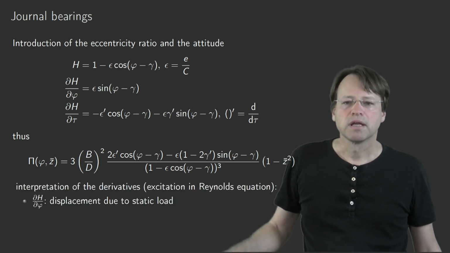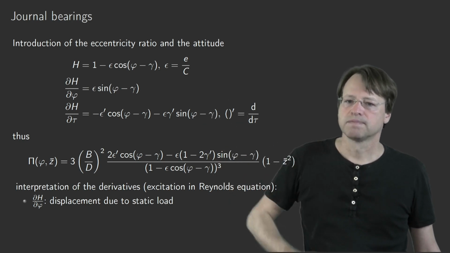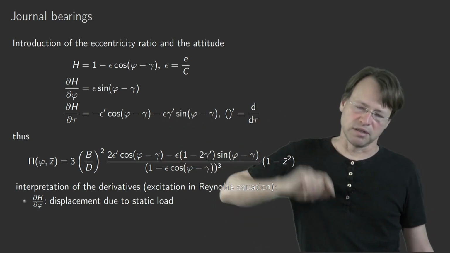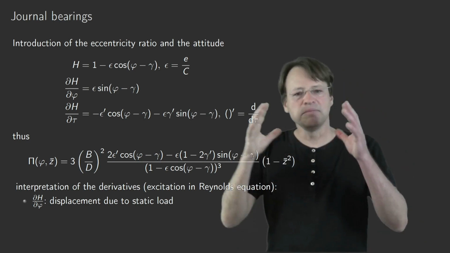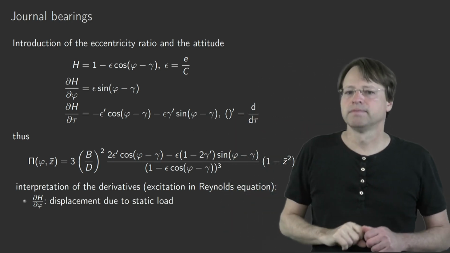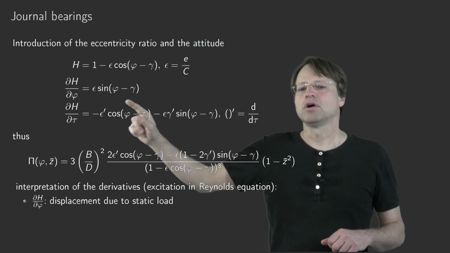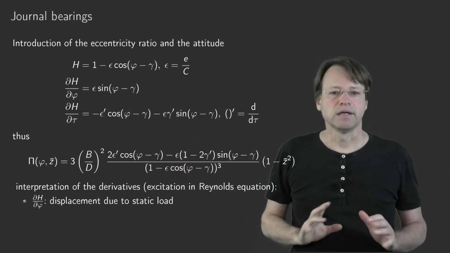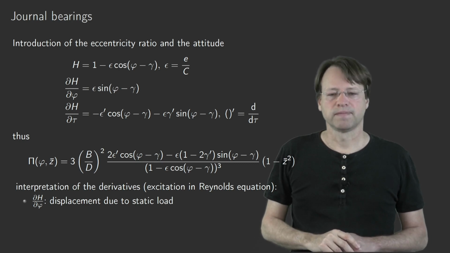Because everything else includes time derivatives, and this is the time-independent part. The time-independent part would be even there if these velocities are zero. That will be termed in the next video an equilibrium position.